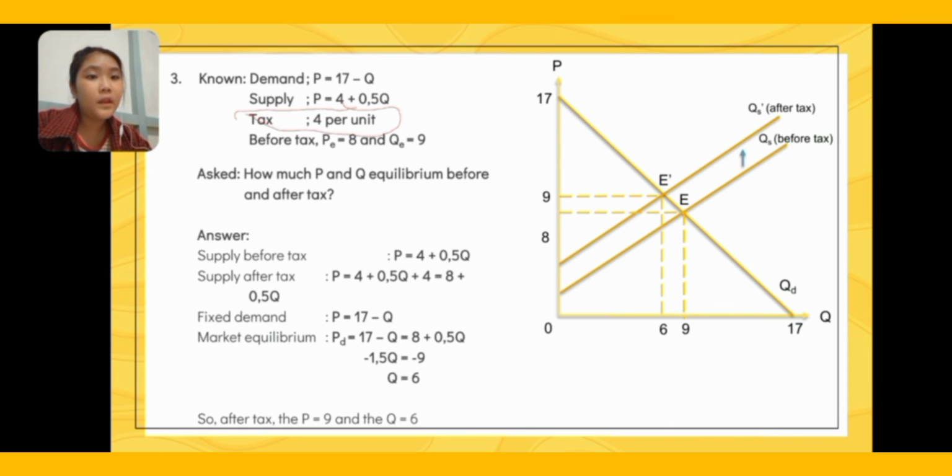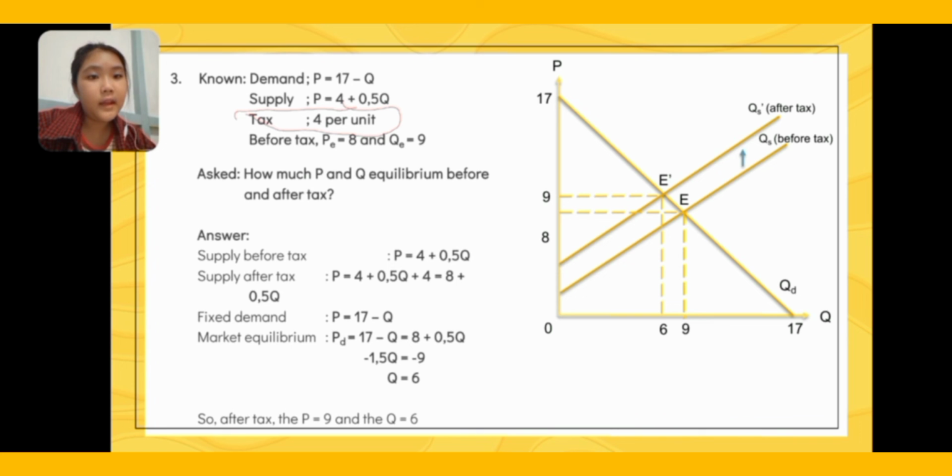0.5Q moves to the left, which means minus 0.5Q minus Q, which means minus 1.5Q, right? Equals, with 17 moving to the right, 8 minus 17, which means minus 9.